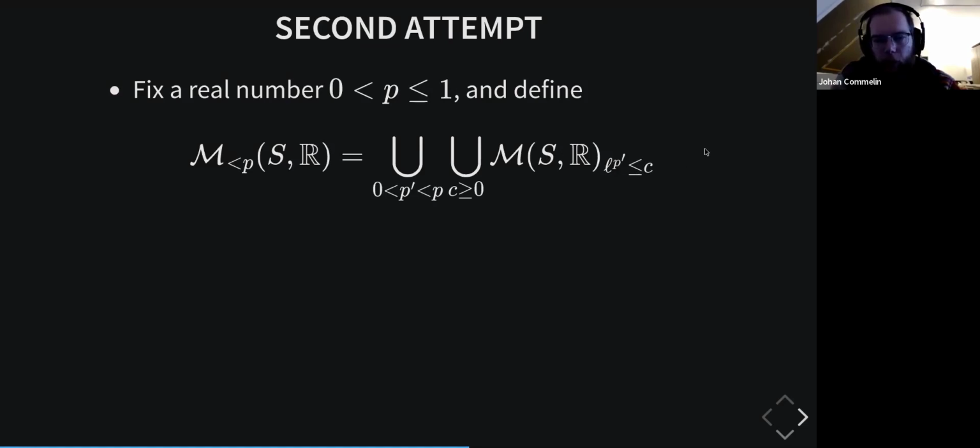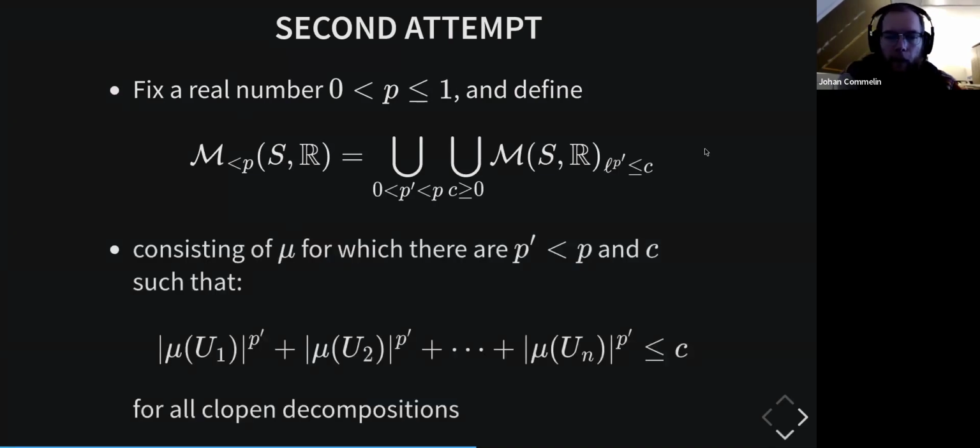So the rest of the definition is going to look quite similar to what we've seen before. Again, we want to look at a sum of norms, and we want the sum of norms to be bounded for all clopen decompositions by some bound that doesn't depend on the decomposition. But now we don't take ordinary norms. We're going to raise these norms to the power P prime.